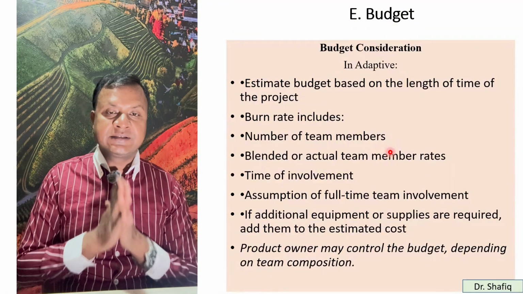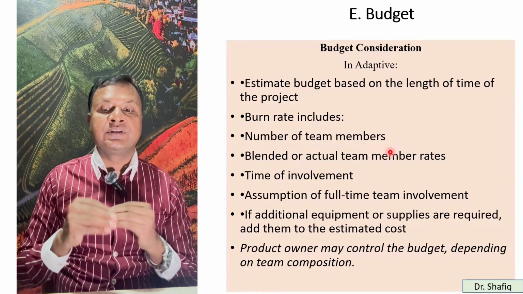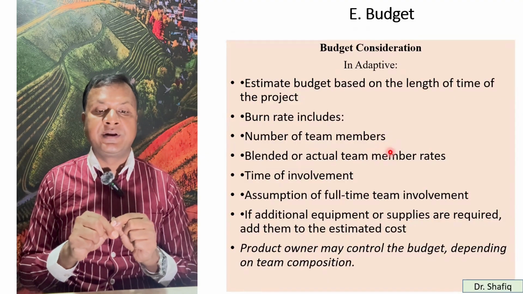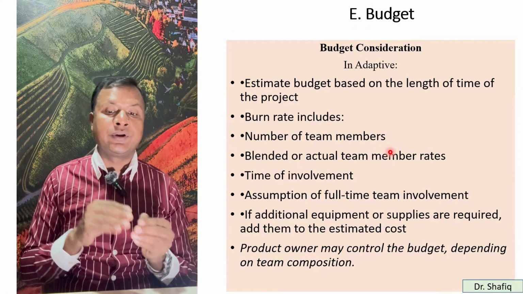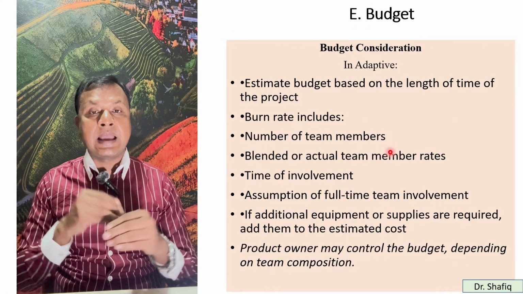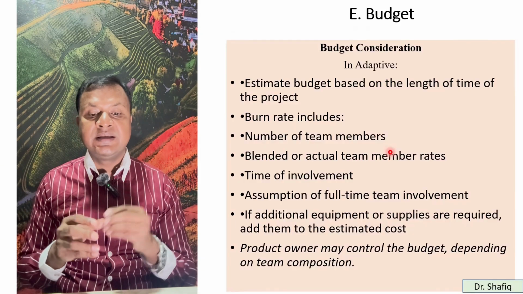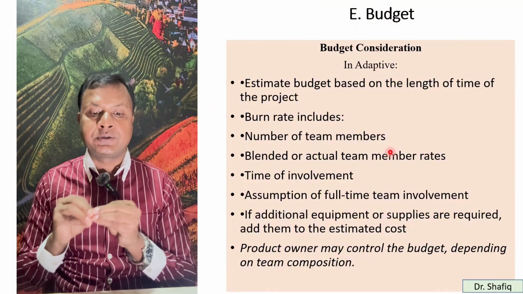Budget consideration in adaptive: estimate budget based on the length of time of the project. Then consider the burn rate, the number of team members, blended or actual team member rates, time of involvement, and the assumption of full team involvement or not. If additional equipment or supplies are required, add them to the estimated cost.